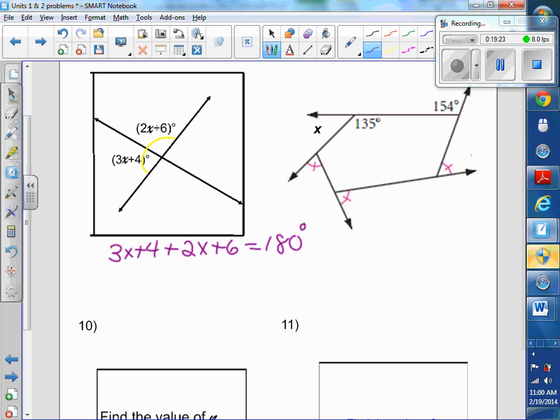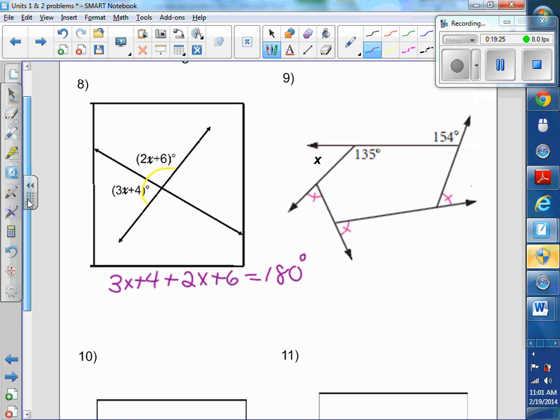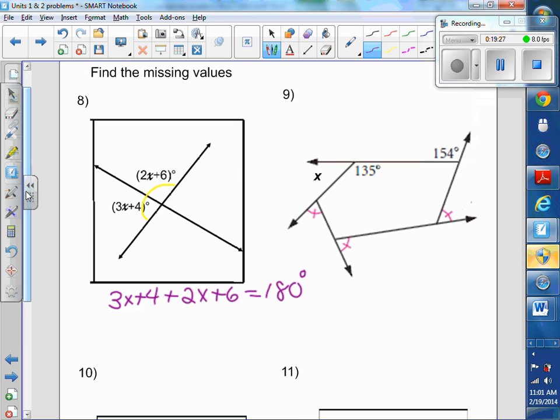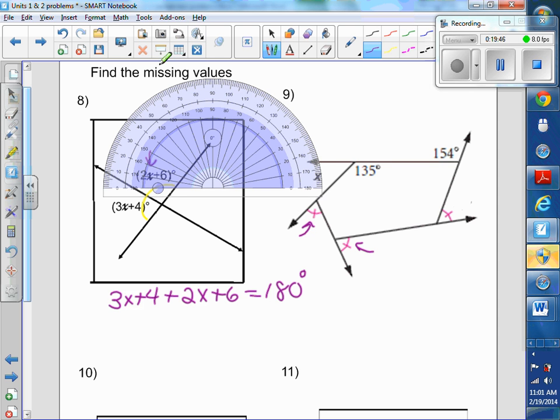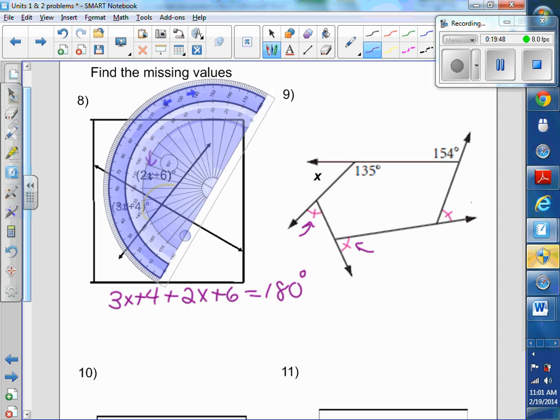I didn't quite understand what it was asking. Me neither. So, find the missing value. That should have been find the x. The angles wouldn't be equal unless you were told they were equal. See how these angles are marked equal? You don't know that here. But what you do know, remember if you had a protractor, is that they make a straight angle.